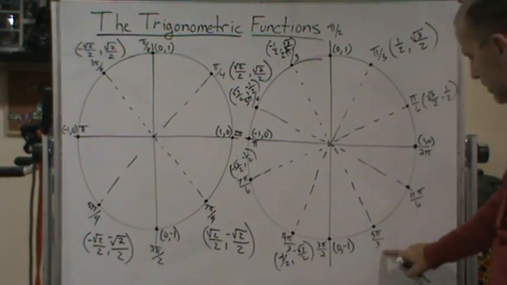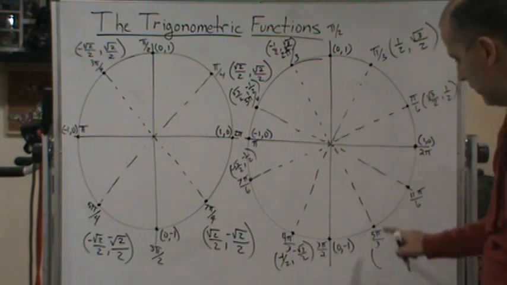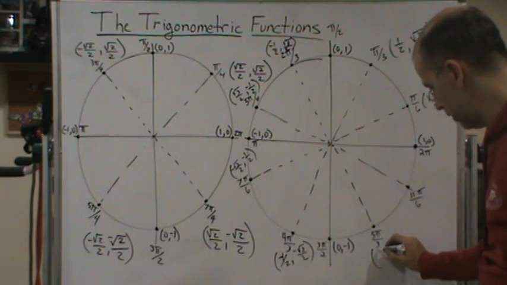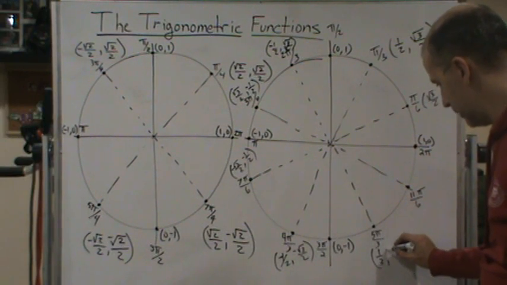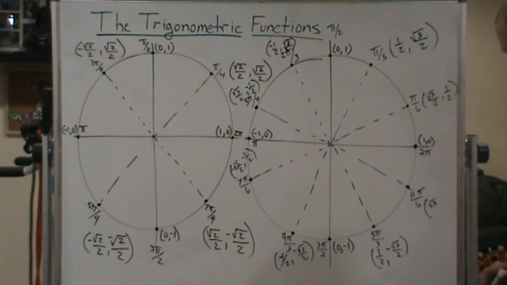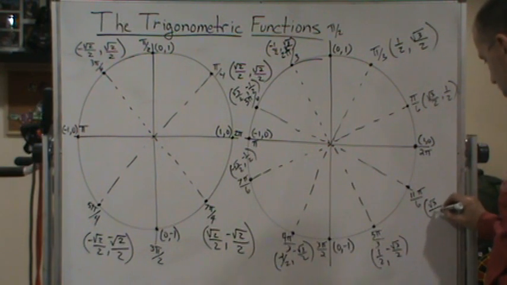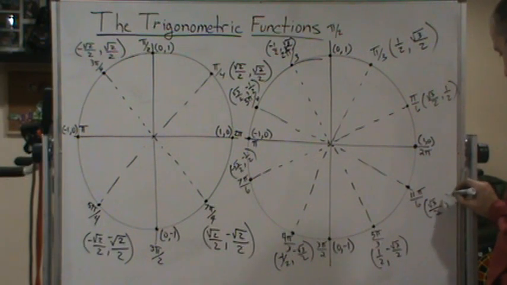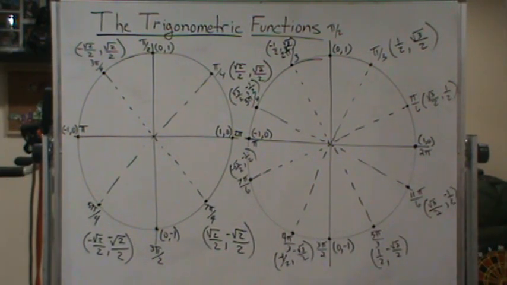Okay, and then similarly we're going to reflect it across here, so this is going to become 1/2 comma negative square root of 3 over 2, and then this one is going to become square root of 3 over 2, comma negative 1/2.